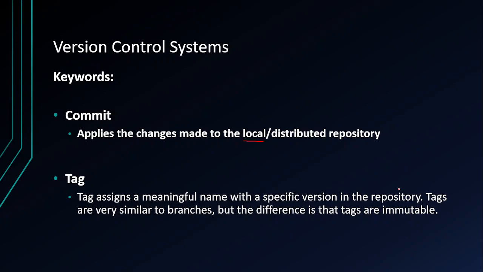Tags are very similar to branches, but the difference is that tags are immutable. Later on, we will discuss what branches are. Remember that tags are immutable. Meaning, once nga maset na siya, hindi mo na siya ma-change. Hindi mo na ma-change ang number, hindi mo na ma-change ang value.